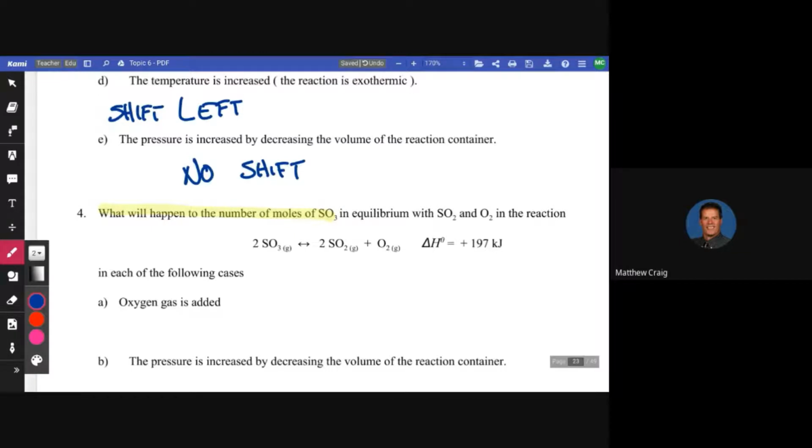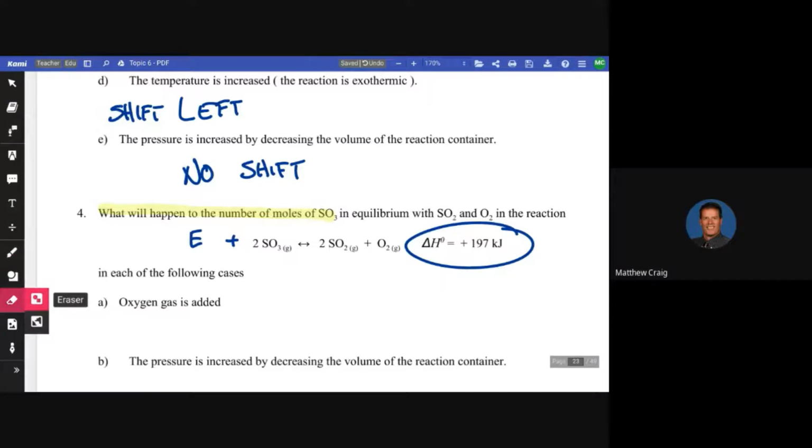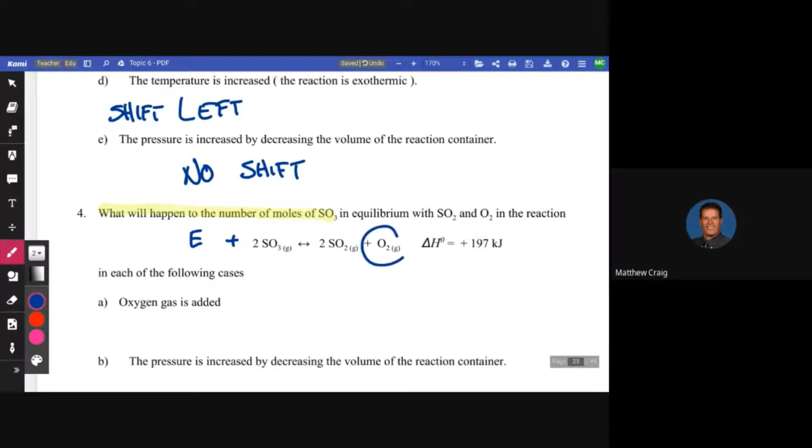All right, so we also have some information here that says delta H is a positive value, which means that energy is a reactant, which is kind of nice to know. As well leave it up there. All right, so oxygen is added, shift away from the addition. So since we're shifting away, or shifting to the left, to answer the question, sulfur trioxide increases.